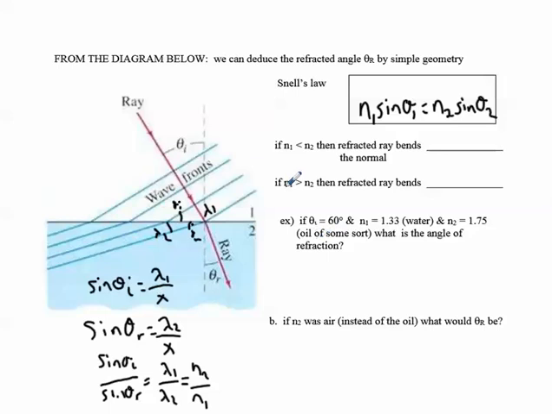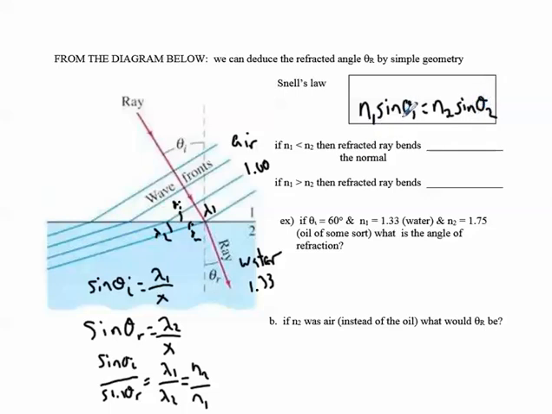Before we do an example, here is a conceptual way of looking at this that you need to be aware of. In this first case, let's say we are starting in N1 where it's air, and this is water, such that N1 is less than N2. N1 is 1 and N2 is 1.33. Because N1 is less than N2, if I solve for the sine of the refracted angle, sine of theta 2, N1 over N2 is less than 1.